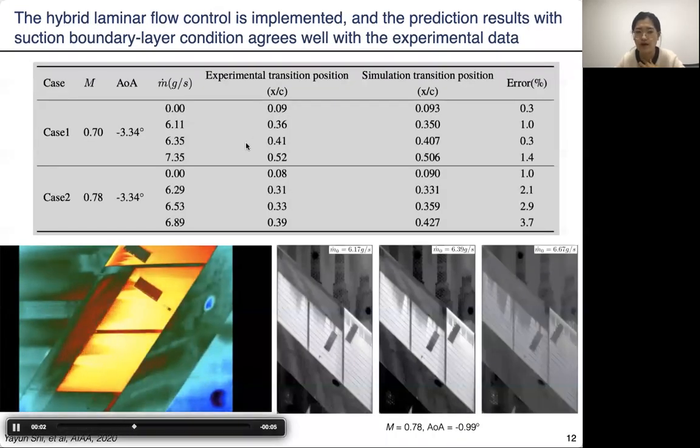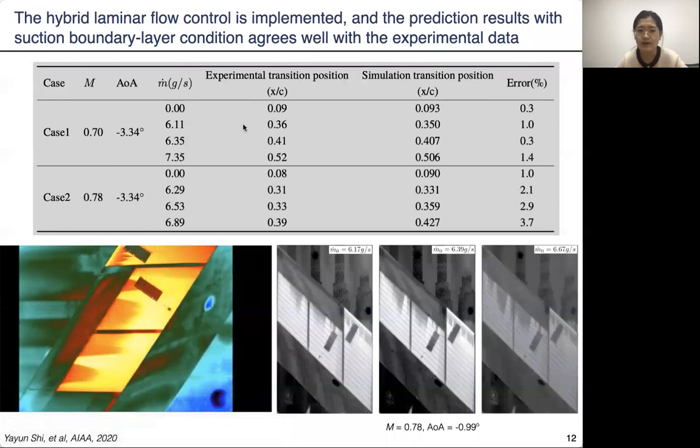We also carried out the hybrid laminar flow control, and the HLFC experiments are much more complicated. So we only carried out 2 cases, and the angle of attack is a large negative value. So it is cross flow induced transition, and here we mainly researched the suction effect on controlling the cross flow instability.